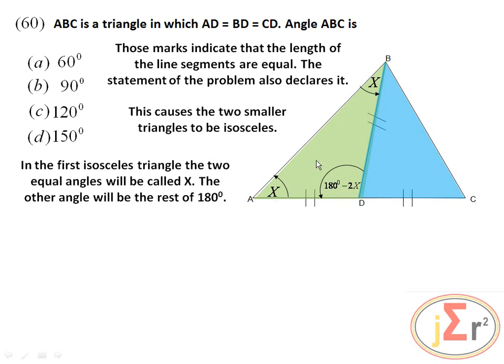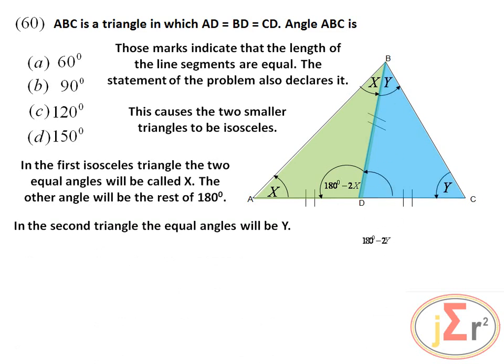So we have x, x, and 180 degrees minus 2x. In the second triangle, the equal angles will be called y. So we have y and y, and the other angle will be the rest of 180 degrees, 180 degrees minus 2y.